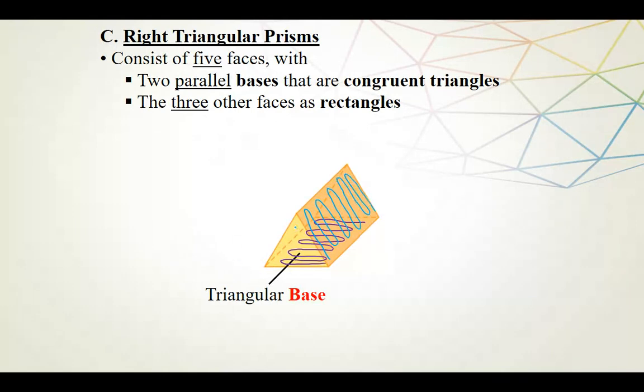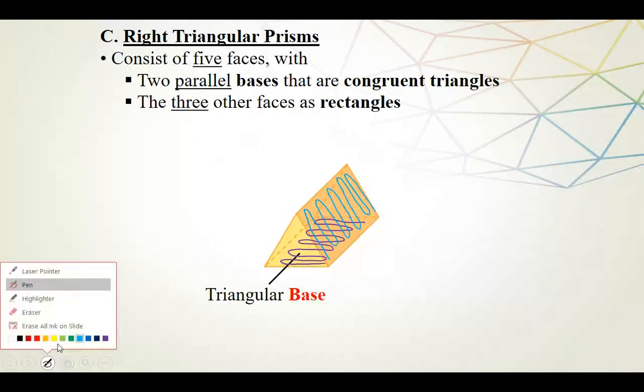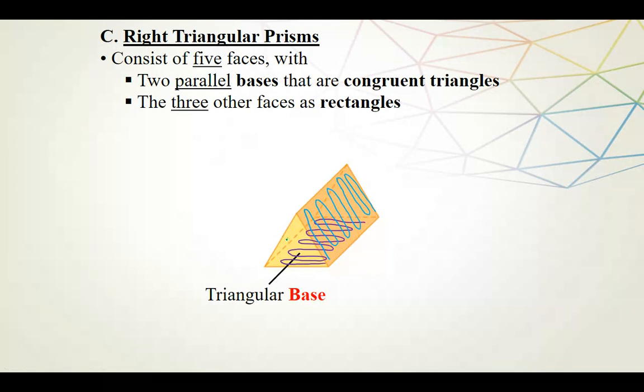And then our third rectangular face is on the left-hand side. I'll try to shade that one in. That's this one on the left-hand side. Those 3 rectangular faces and those 2 parallel bases make up a right triangular prism.